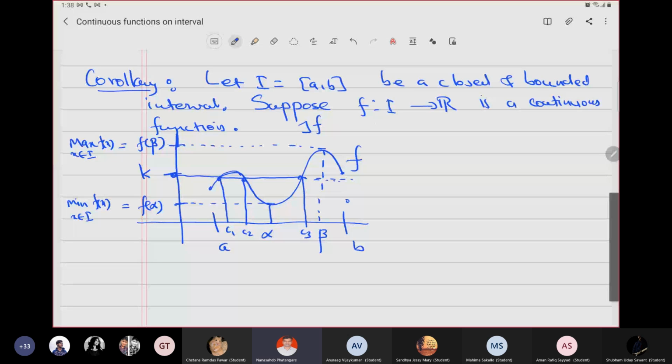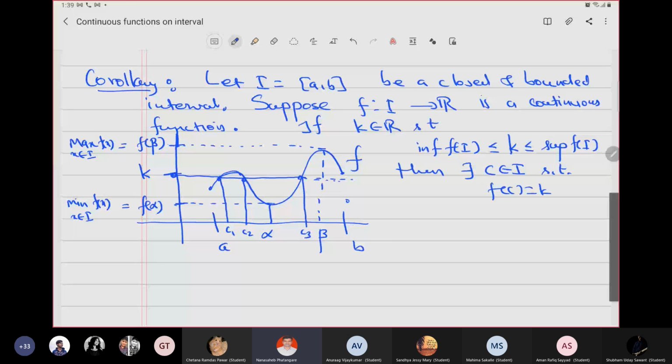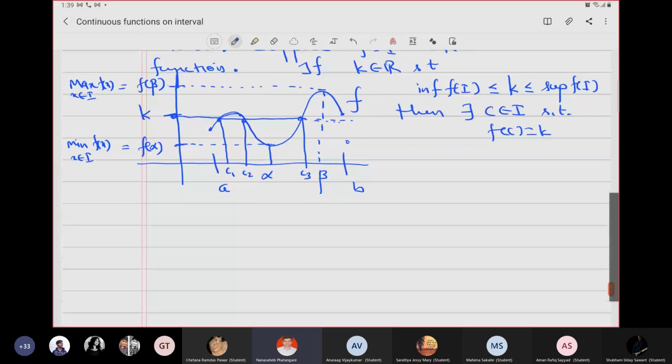K lies in between supremum and infimum of range. Then there exists c belonging to I such that f of c is equal to k. In fact, there may be more than one value of c at which value is k, but at least one c is there. And from this figure it is clear. If you choose any k between this, then it is true.